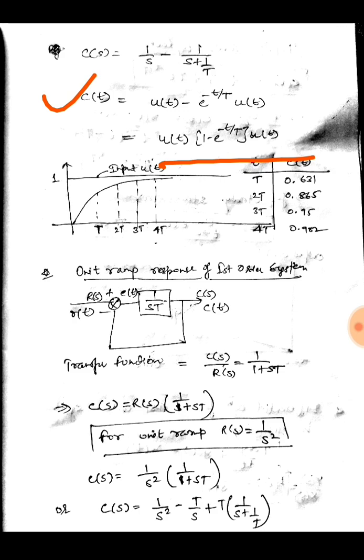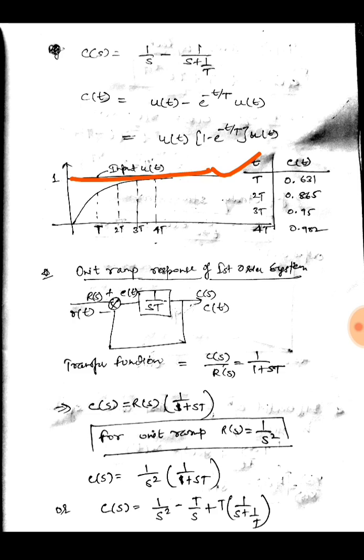So if I draw this, it would come out to be like this. It would become 1 at infinity. So at time T, if I calculate the amplitude of this output, it would be 0.63 of the highest amplitude, that is 1.